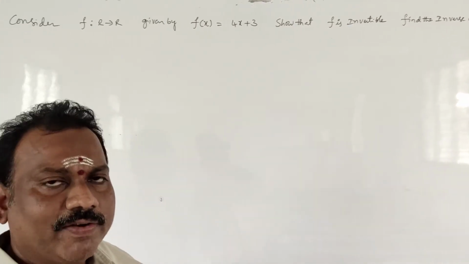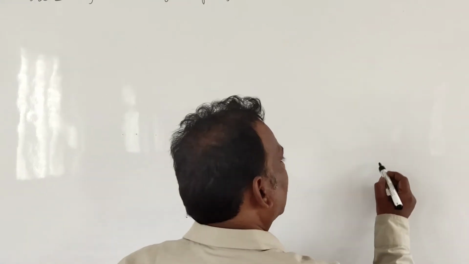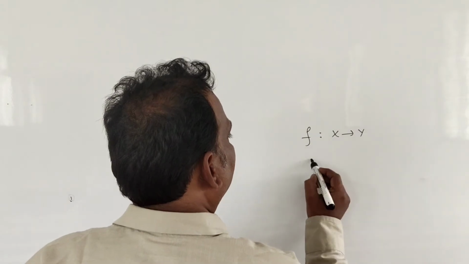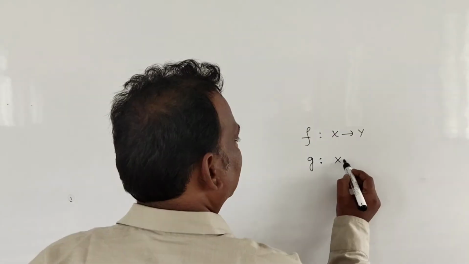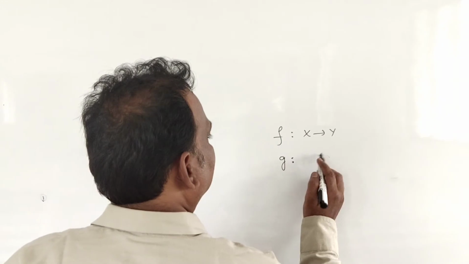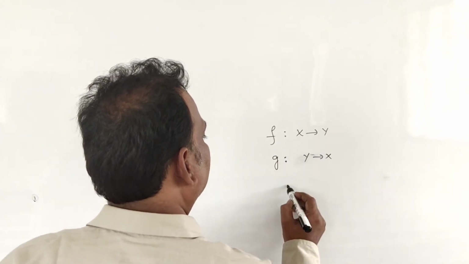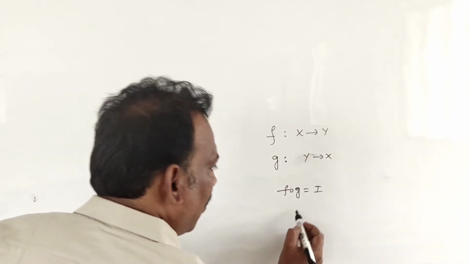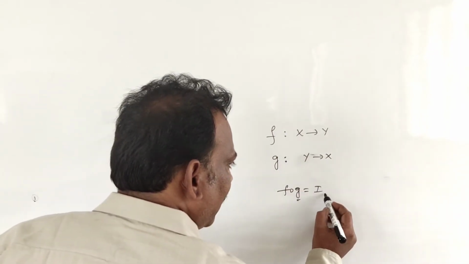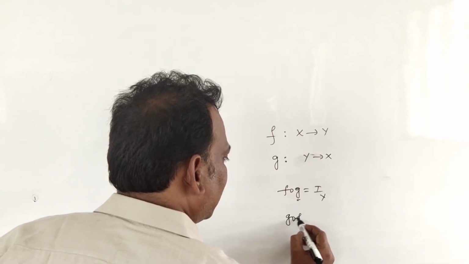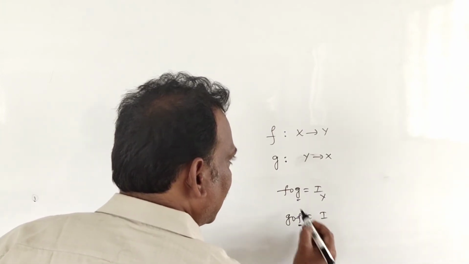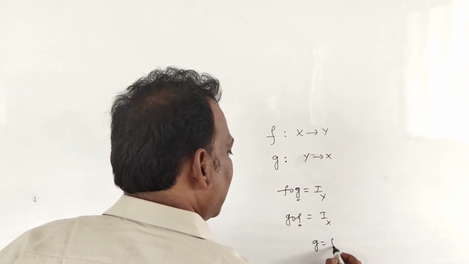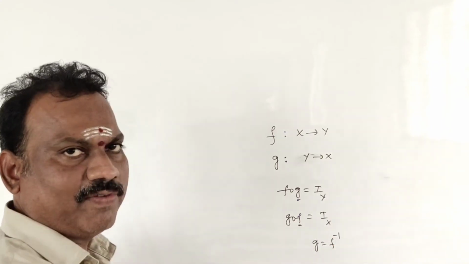I told you, you want to prove that f is invertible. I told the definition of invertible. What is the definition of invertible? Suppose f is a function mapping from X to Y. There exists another function g that maps from Y to X such that f circle g is equal to the identity function of g domain, and g circle f is equal to the identity function of f domain, then g is called the inverse of f, and f is invertible.